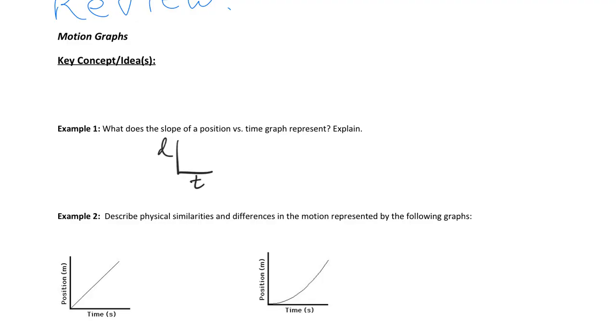So you could just memorize velocity, or you can figure it out this way. Rise over run. So it'd be meters over seconds, the unit for distance is meters, the unit for time is seconds. So that tells you that it is velocity.